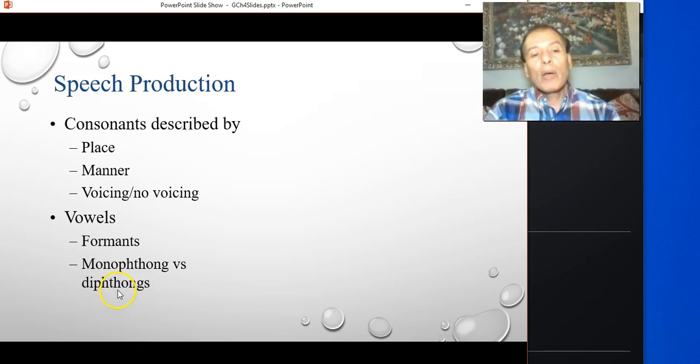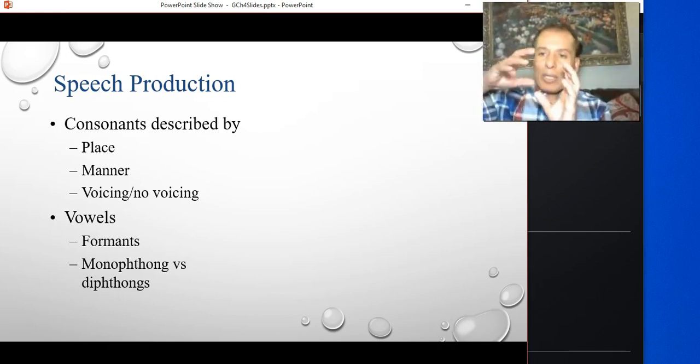And then we have the vowels also. We classify them into monophthongs and diphthongs. Most of them are monophthongs, single vowels. So you say a, e, these are single vowels. But if you say I, they become a diphthong. There are 5 of them, basically two vowels blended together, like oi.